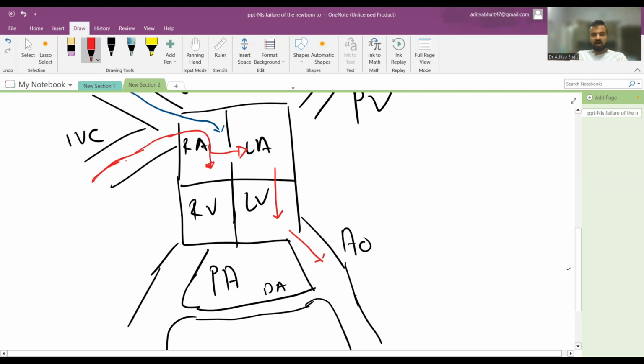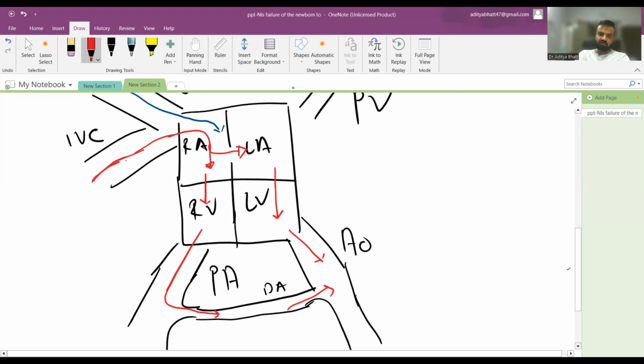So this is the first site of shunting, and the second site is that the blood comes from RA to RV, then goes into the pulmonary artery, and then via the ductus into the aorta. As I told you, the pressure of pulmonary circulation is suprasystemic. That is why the shunt is from right to left, and this is how the circulation works.